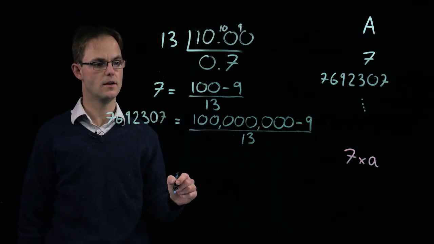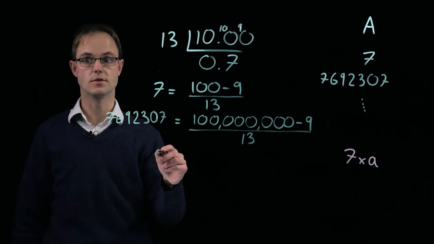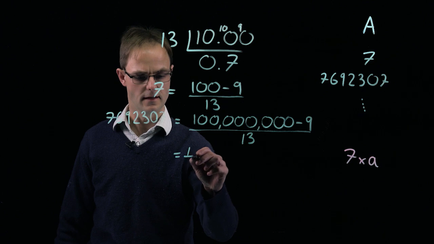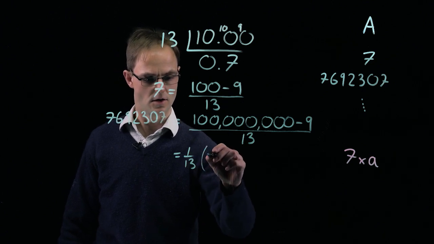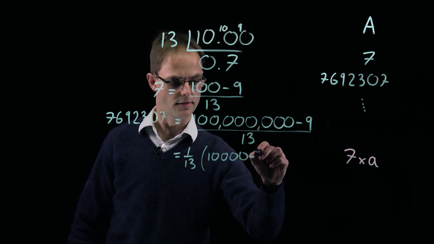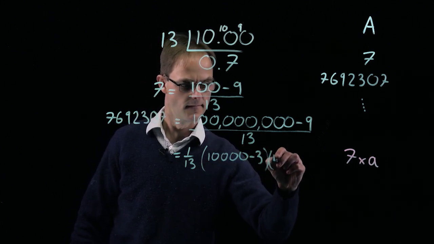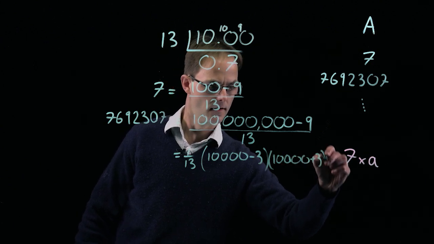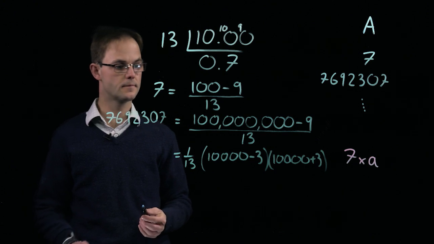And on the top there, we might recognise a difference of 2 squares. So that's equal to 1/13 of 10,000 minus 3 times 10,000 plus 3.